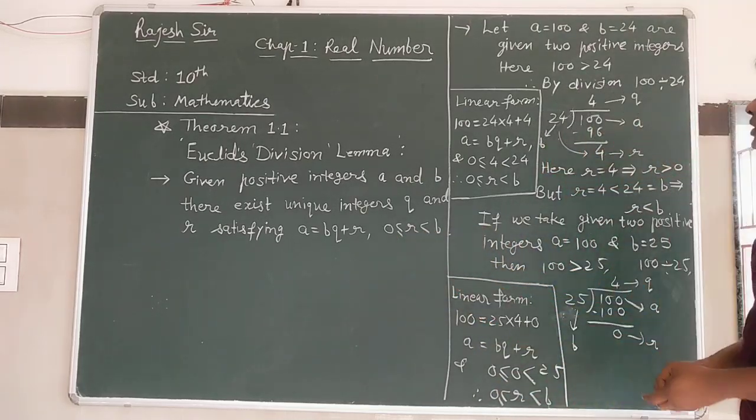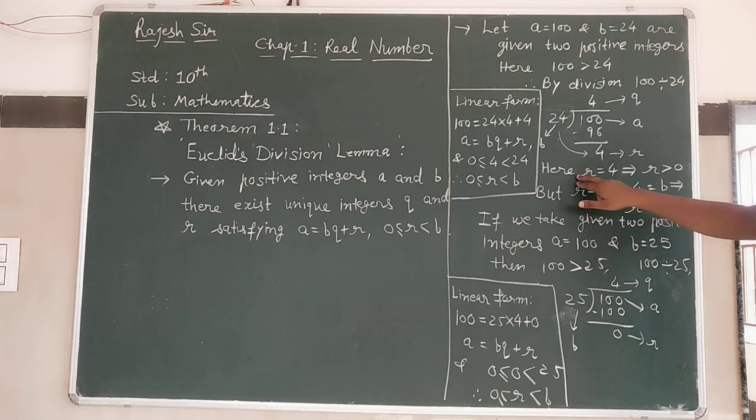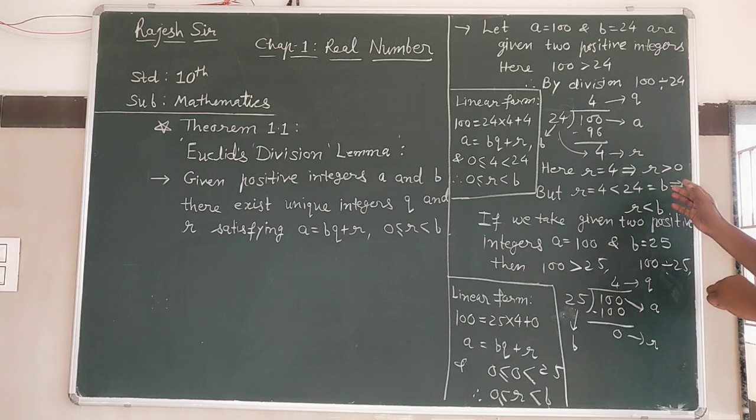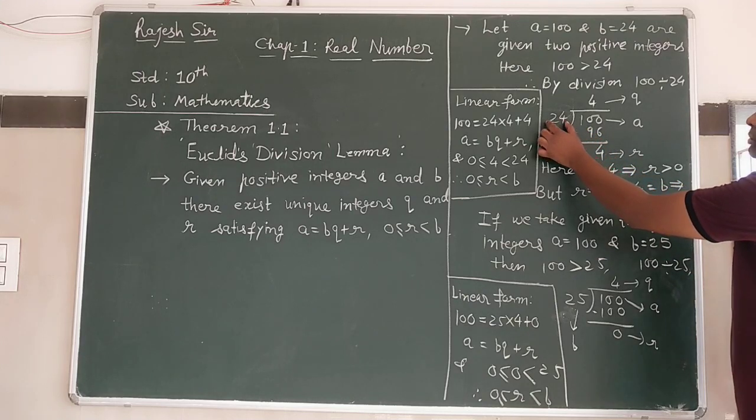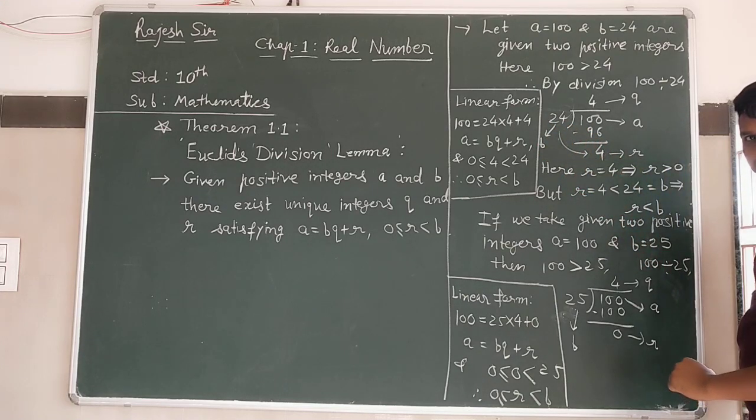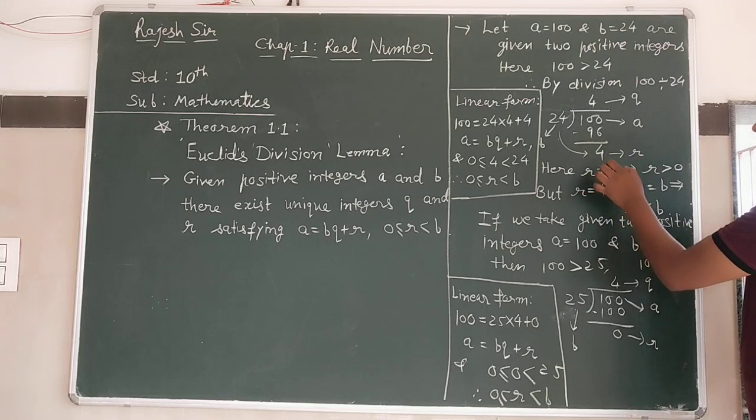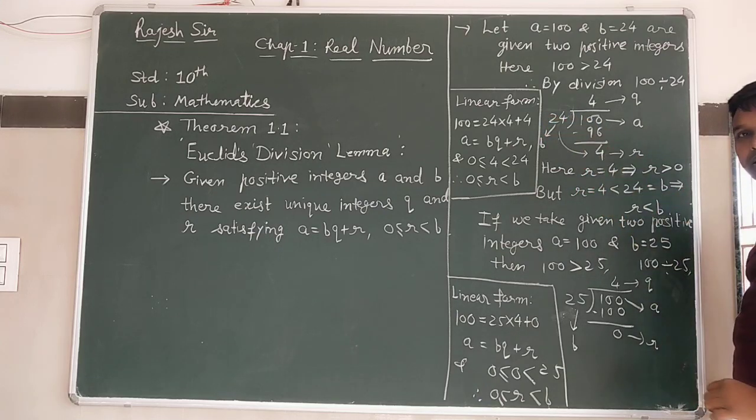Now what about the other part? In this same example, the remainder r equals 4, so r is greater than 0. Second, r equals 4 is always less than 24. The divisor will always be greater than the remainder, or inversely, the remainder will always be less than the divisor.